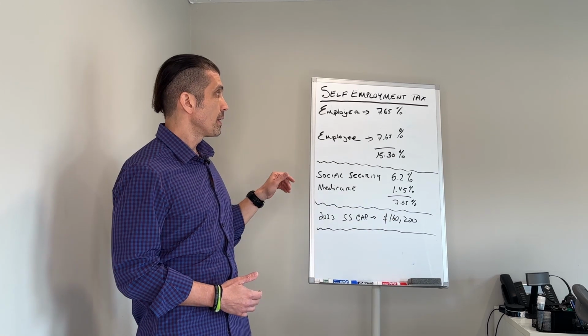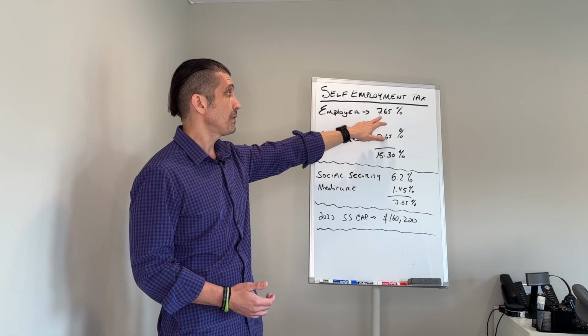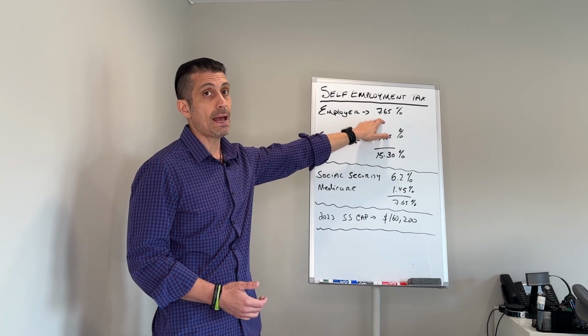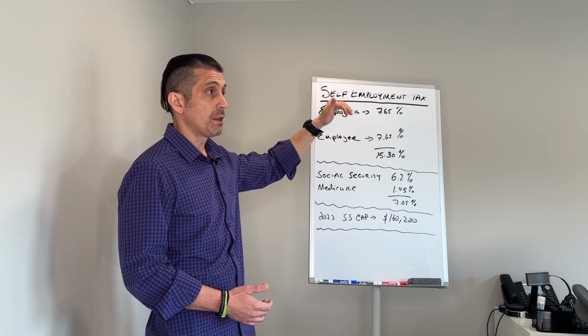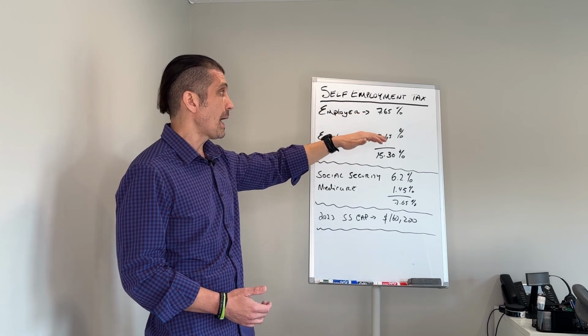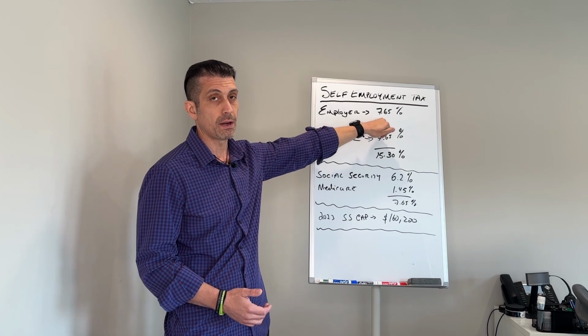Now, when you're an employee, what you don't see is that there's 7.65% being paid on your behalf by the employer, okay? So when you're getting your net pay, you don't actually see your employer's contribution towards your Social Security and Medicare.